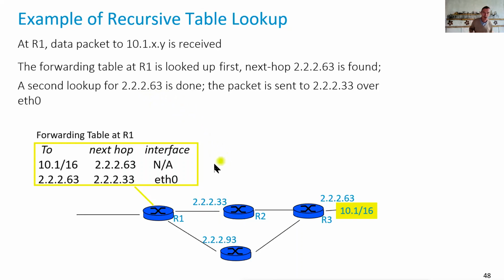So when a packet is now processed by router R1 and it finds a destination 10.1.something, it finds the next hop 22263, it will go again into the routing table. This is why it's called recursive table lookup. Of course, doing things recursively for a real-time process looks like a bad idea. Recursion is typically not compatible with real-time.